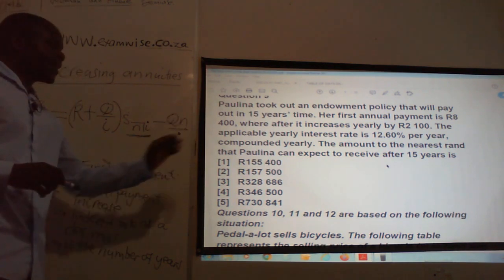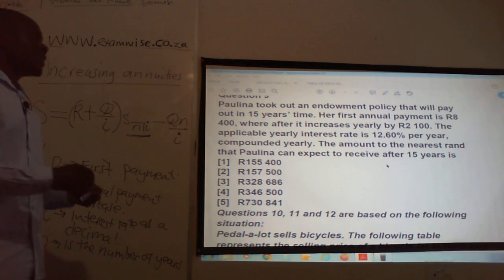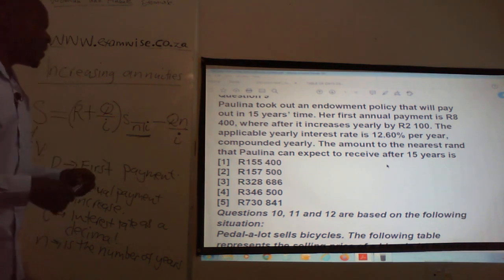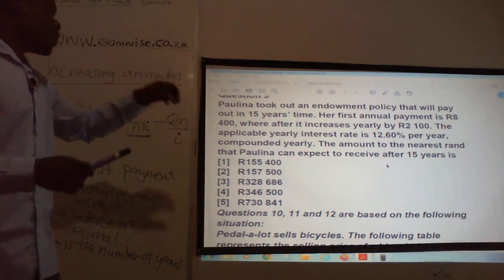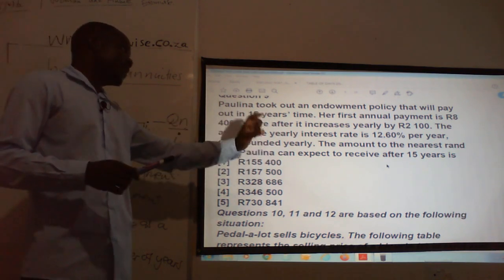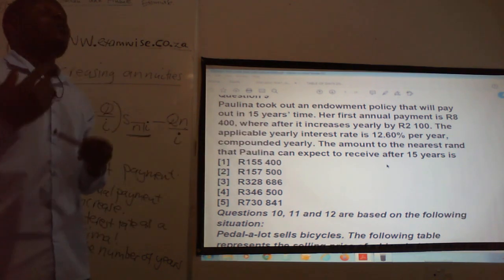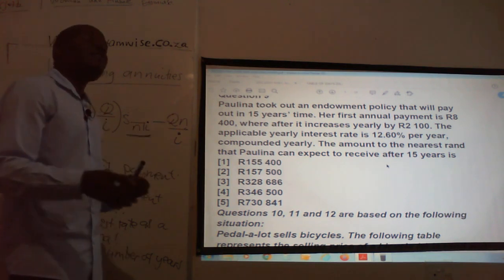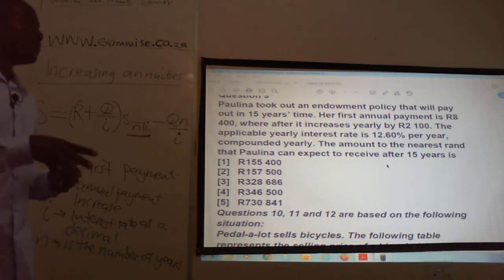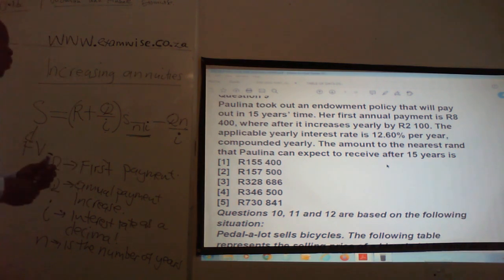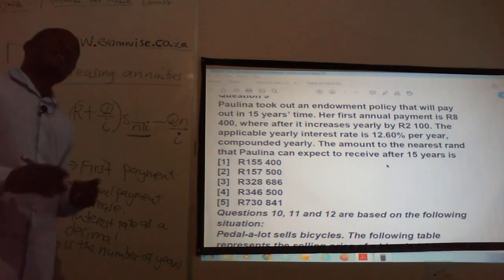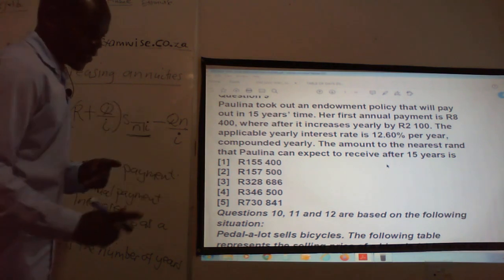In this case, I hope you saw that they said the first annual payment is 8,400, and whereafter it increases yearly by 2,100, and they never specify whether payment is made at the beginning or at the end of the period. So the assumption here is that payment is made at the end of the period.